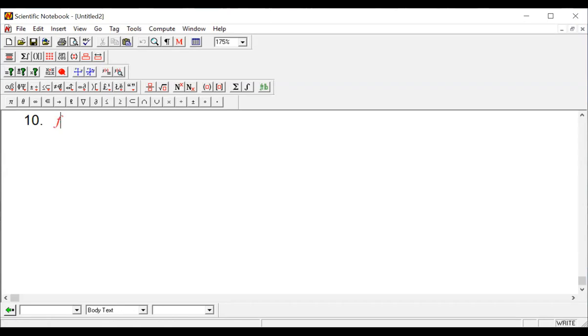So can we say f of 3x equals 3 times f of x, if f is a function? Can we say that? Of course not. Of course not. And there are numerous such examples.